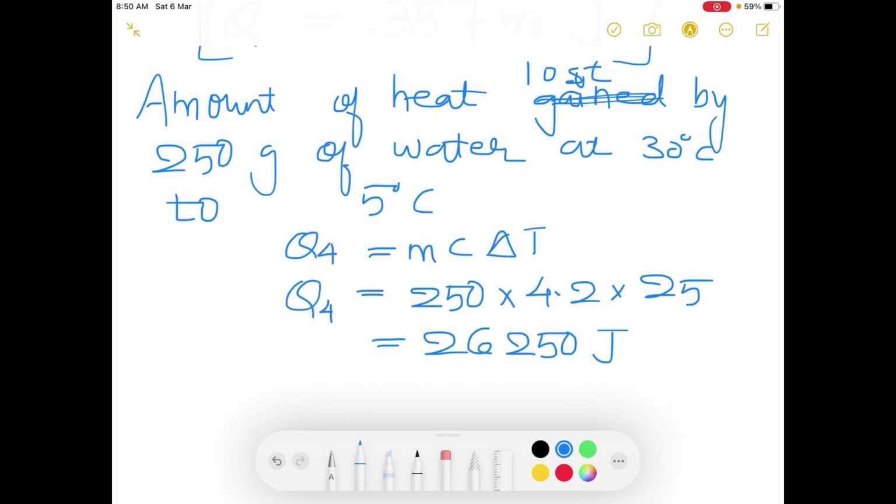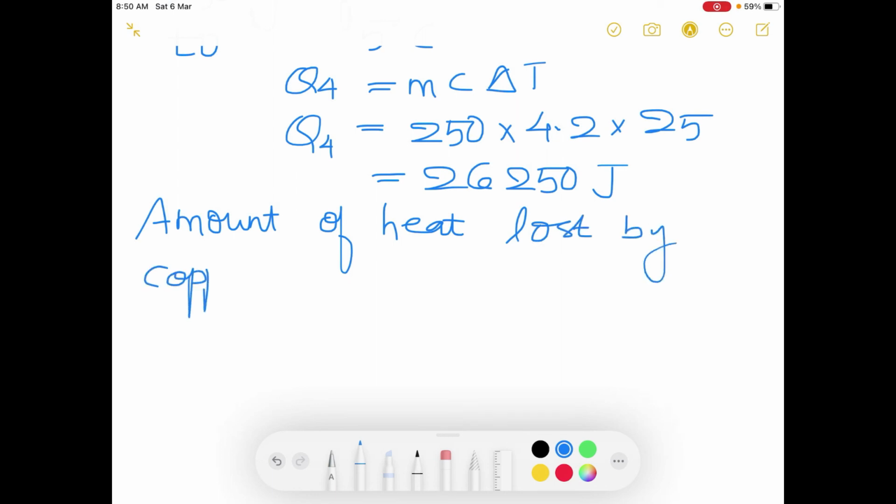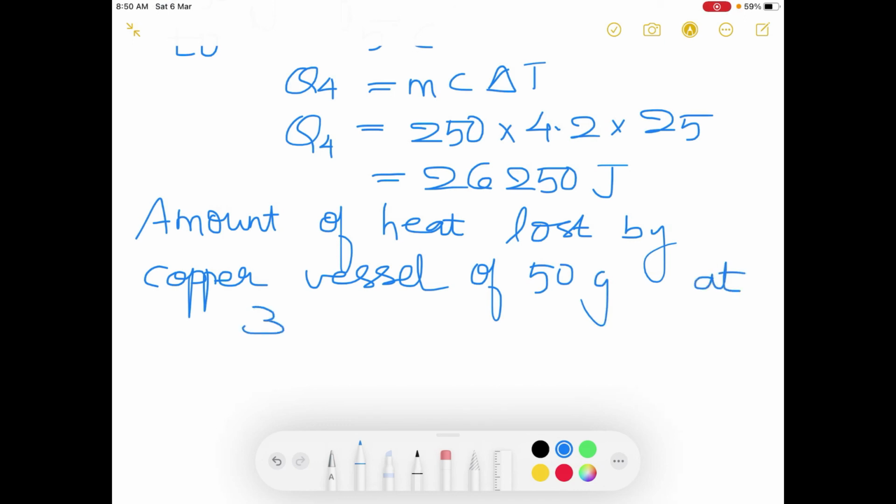હવે કોપર વેસલની વાત કરીએ. કોપર વેસલનું ઇનિશિયલ ટેમ્પરેચર તો 30 ડિગ્રી સેલ્સિયસ જ હશે. શું કામ? Because the water is put into it. તો કોપર initially 30 ડિગ્રી સેલ્સિયસ has to go down till 5 ડિગ્રી સેલ્સિયસ. તો again કોપર માટે amount of heat lost by copper vessel of 50 gram at 30 degree Celsius to 5 degree Celsius.